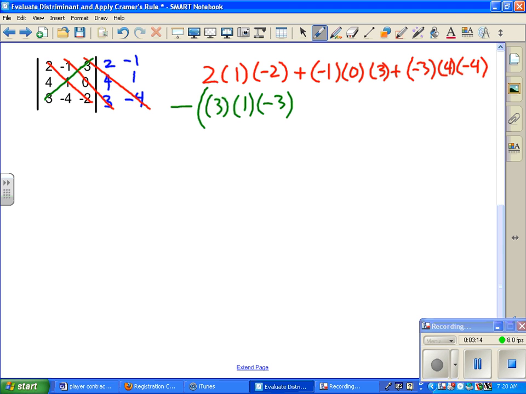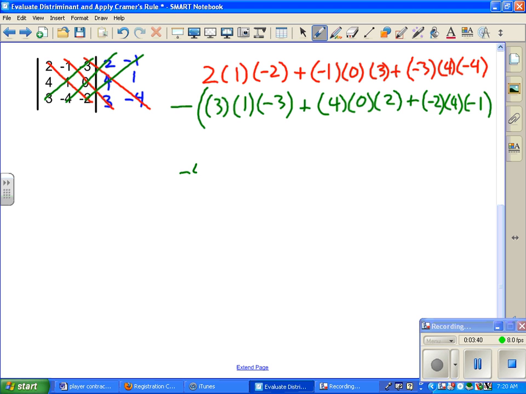Okay, now we go here. Plus 4 times 0 times 2 plus the last one, which is negative 2, 4, negative 1.